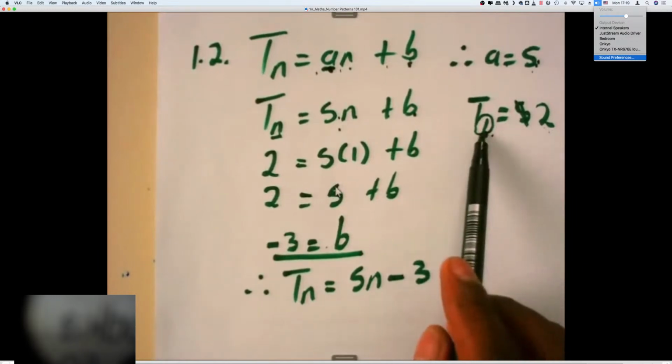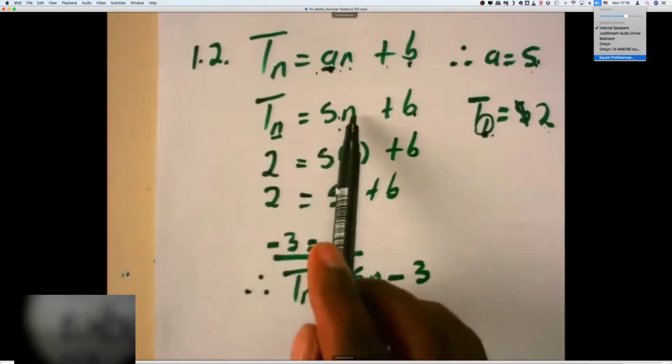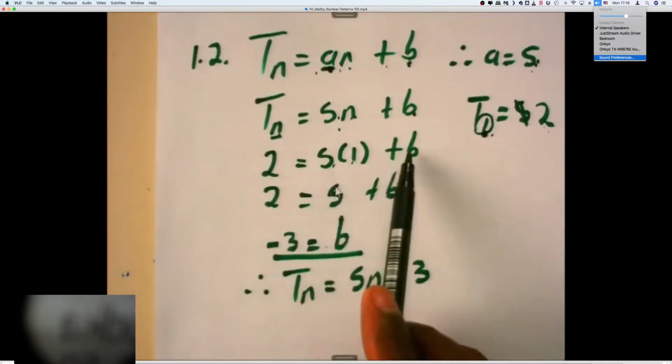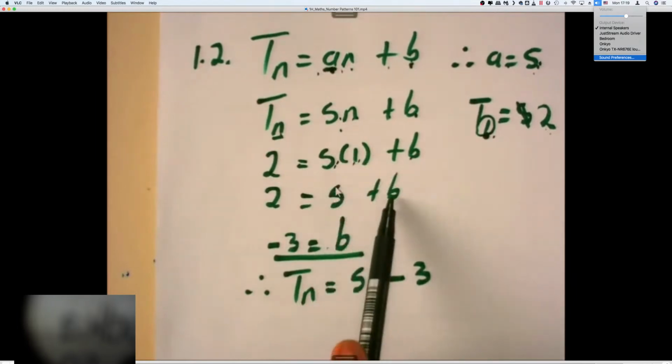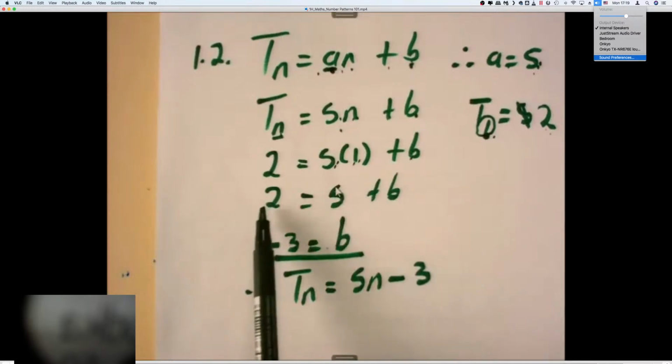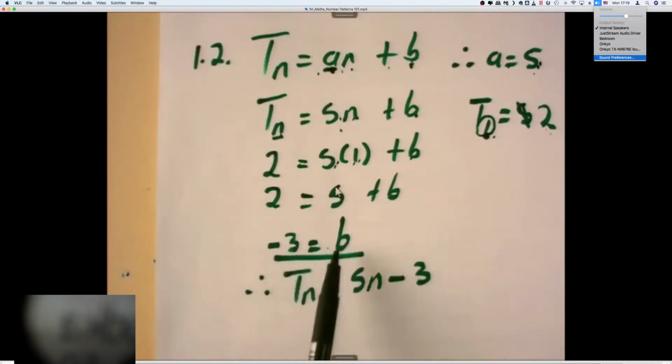It means we're going to substitute the value of n by 1. 2 equals 5 times 1 plus b. 5 multiplied by 1 gives us 5. Then we transpose 5 to the left. We've got 2 minus 5, which will give you negative 3. On the right hand side, you're only left with b, meaning that the value of b is equal to negative 3. Therefore, the nth term will be equal to 5n minus 3.